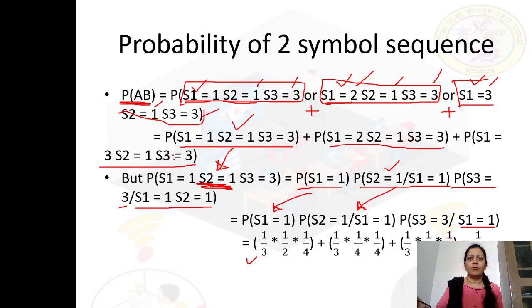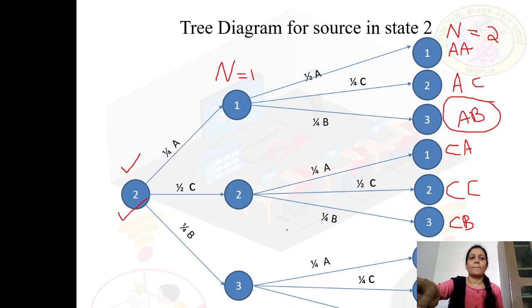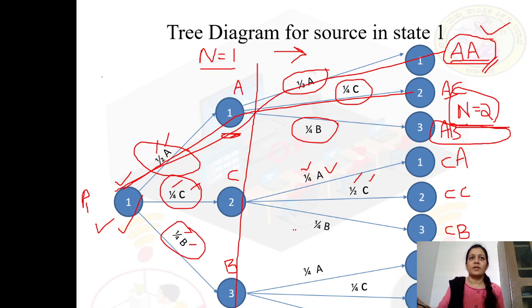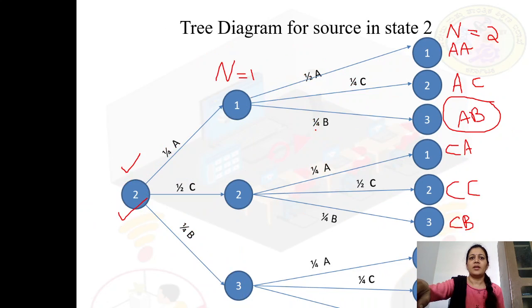And what is this 1 by 4? It is the next transition, that is from 1 to 3. The next transition from 1 to 3 is nothing but 1 by 4. So we are writing that also.